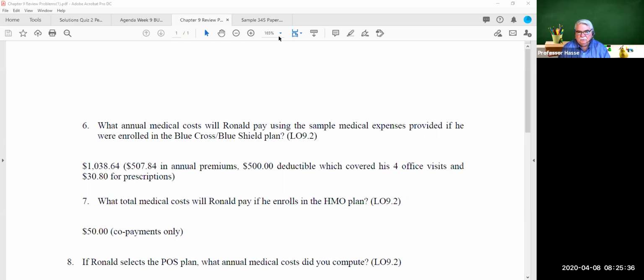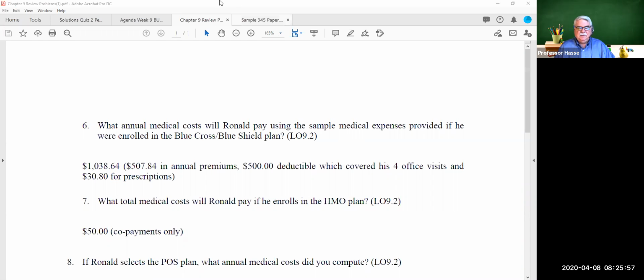I want to go over these because you might see some questions like this in future assignments. It's problems 6, 7, and 8 in our examples. These are the solutions of those problems, and they are posted in Blackboard as a study guide.